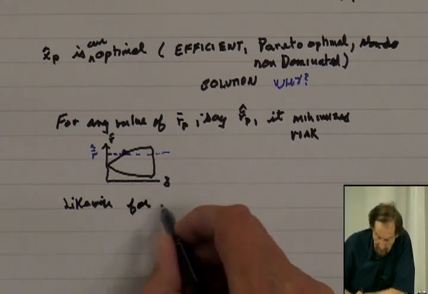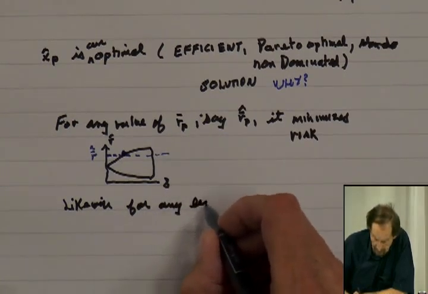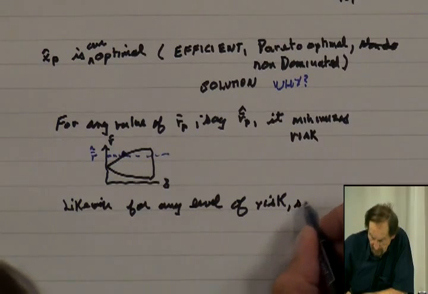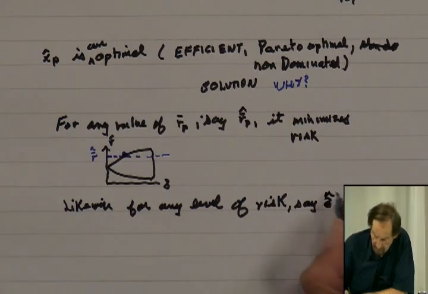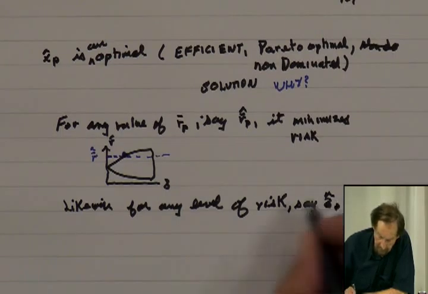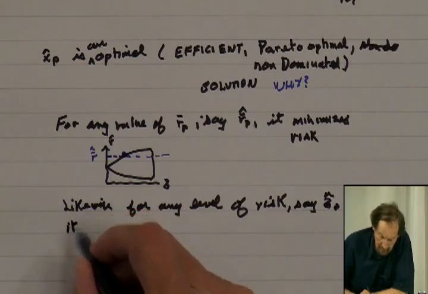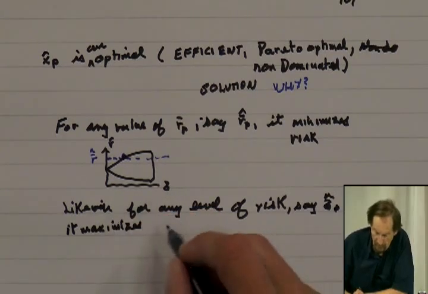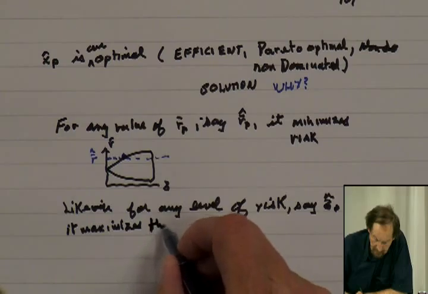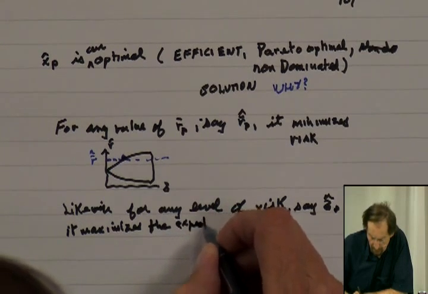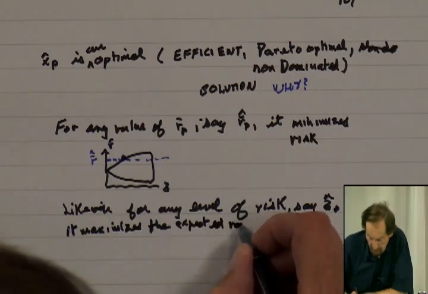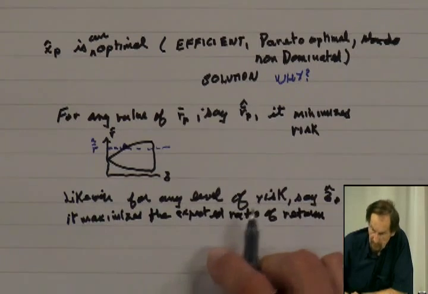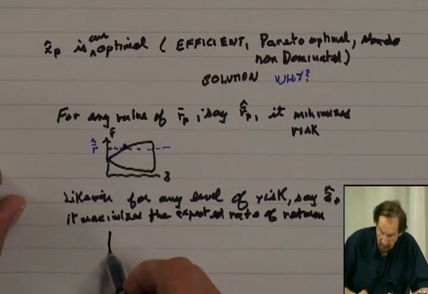Likewise, for any level of risk, say sigma hat P, it maximizes the expected rate of return. So let's see if we can draw another little picture here.